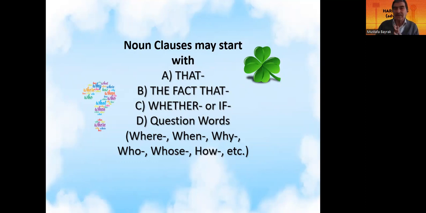We use them as linking words, as connecting words. Where, when, why, who, whose, how many, how much, how often, etc. We can use all of them as connectors, as conjunctions.